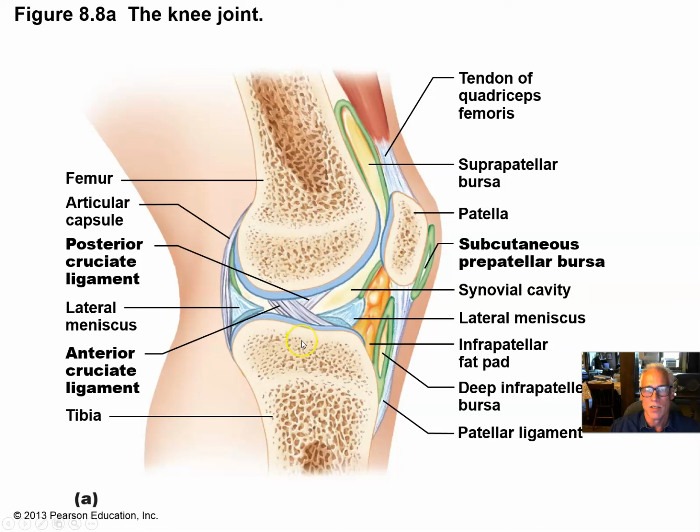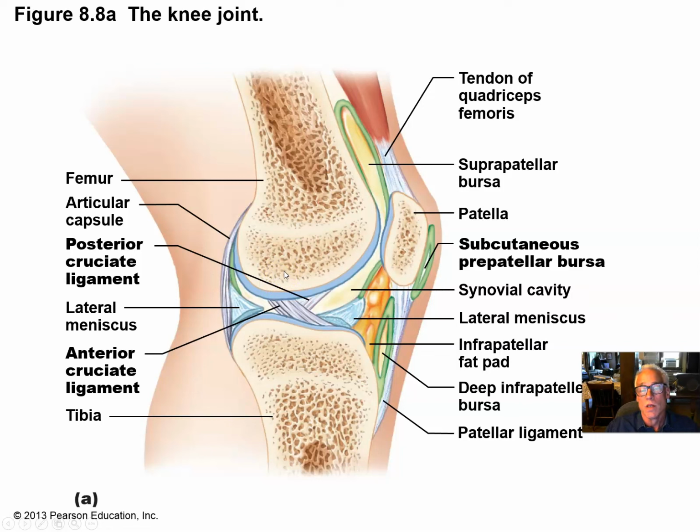So you may ask yourself, how in the world does this round structure not just slide off anteriorly or posteriorly of the tibia, the way it's pictured here? And the answer to that is two ligaments that pass through the middle of the joint cavity, the cruciate ligaments, the anterior cruciate ligament and the posterior cruciate ligament.